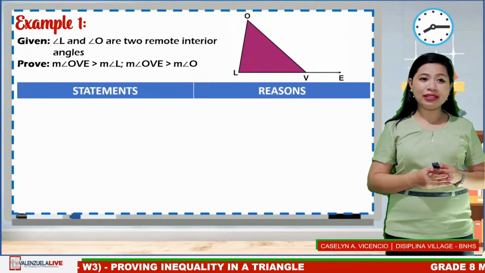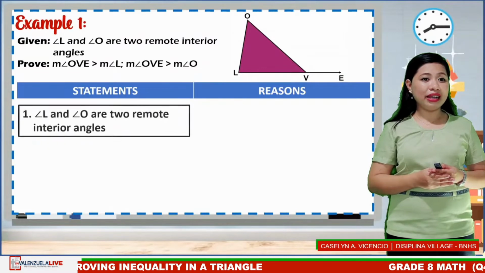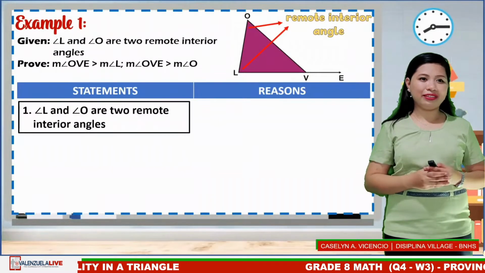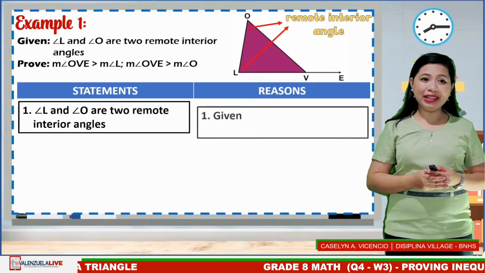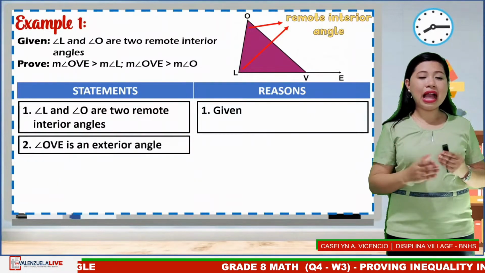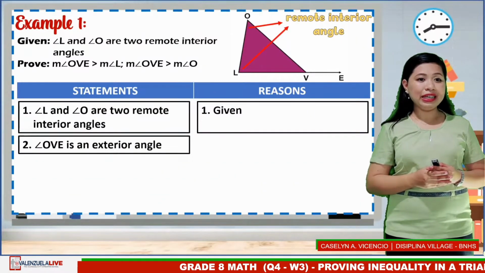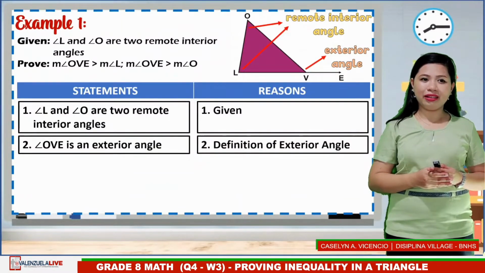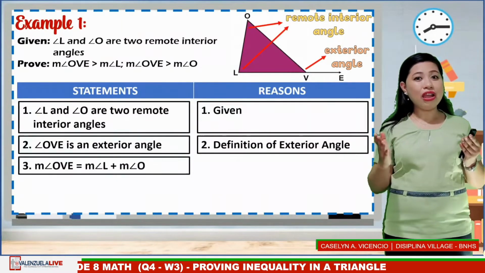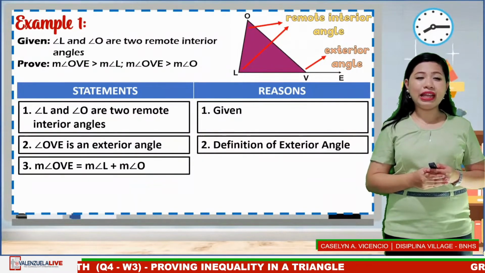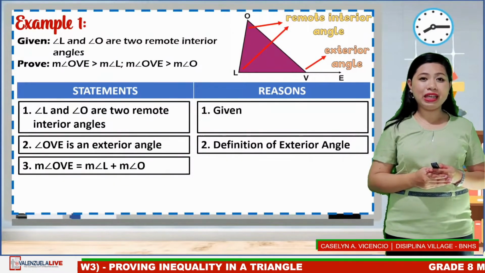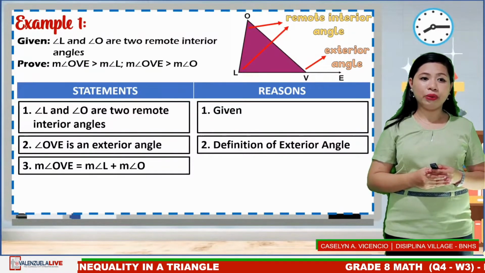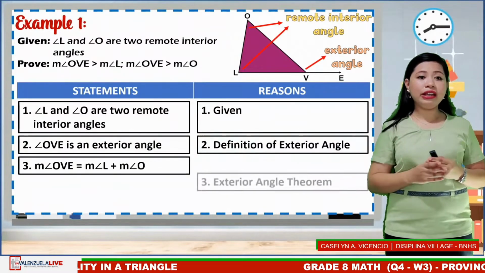Our first statement is angle L and angle O are two remote interior angles, as the given. Second, we can say that angle OBE is an exterior angle by the definition of exterior angle. From this, we can say that the measure of angle OBE is equal to the measure of angle L plus the measure of angle O because of the exterior angle theorem.